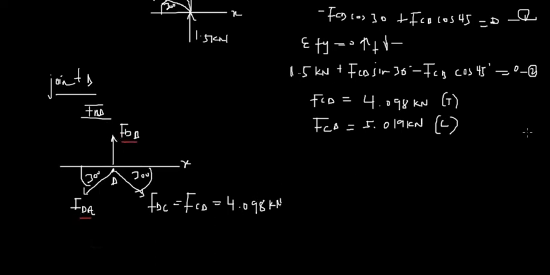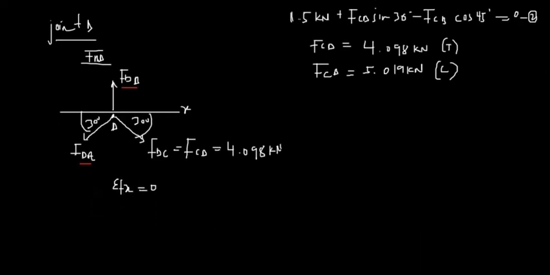So let's take both forces in the x and y directions. Forces in the x direction equal to 0. FDA is acting opposite to the x direction, so we have minus FDA cos 30 degrees.